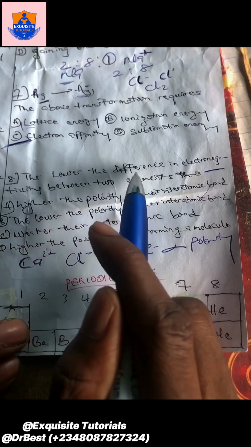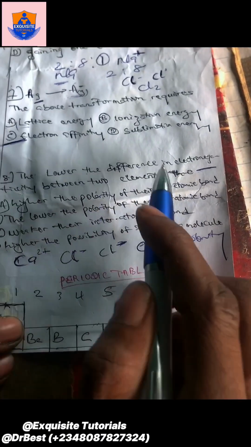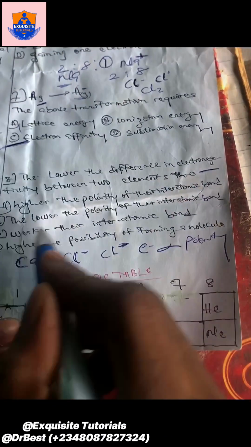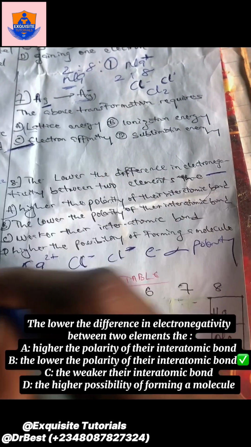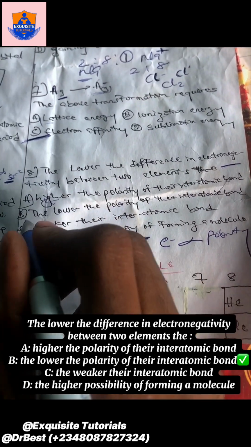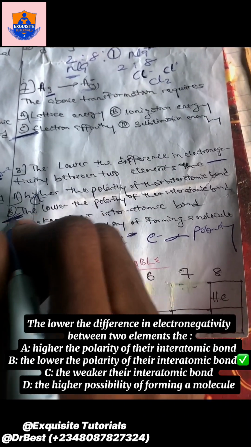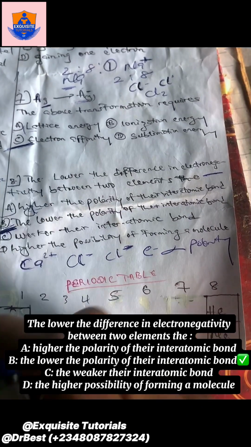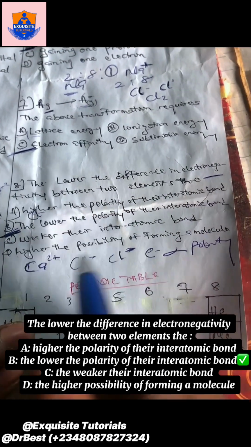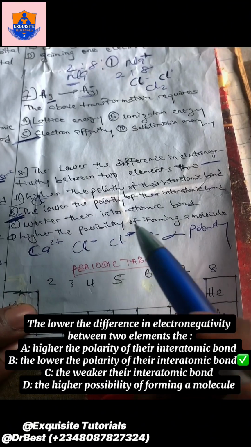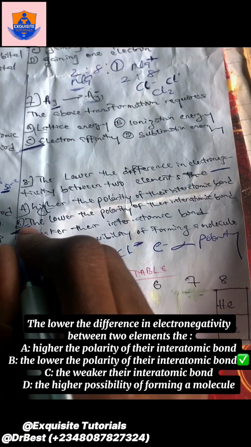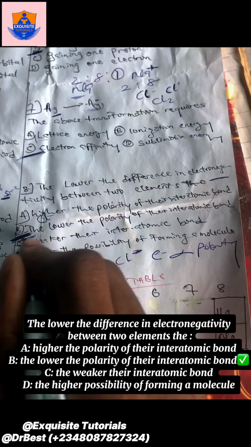So this one says the lower the electronegativity difference between two elements, the higher the polarity of the interatomic bond. No, the lower. Remember I said electronegativity difference is directly proportional to polarity. Weaker the interatomic bond? No. Higher the possibility of forming a molecule? No. So the correct answer is this.